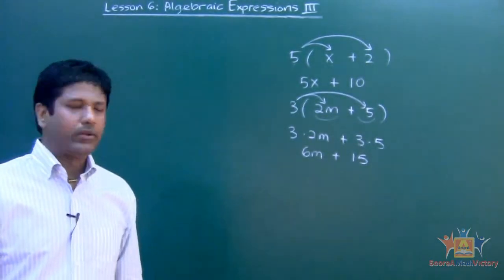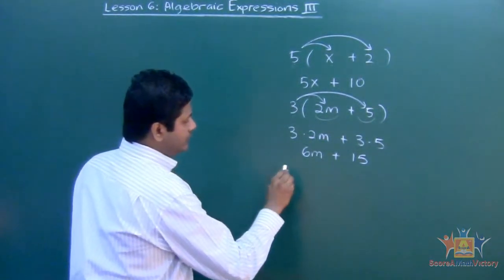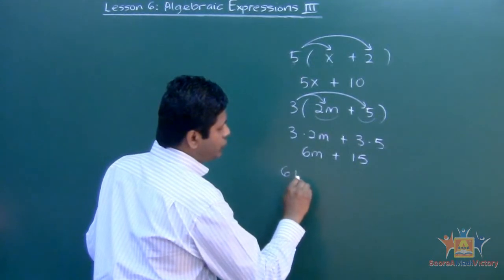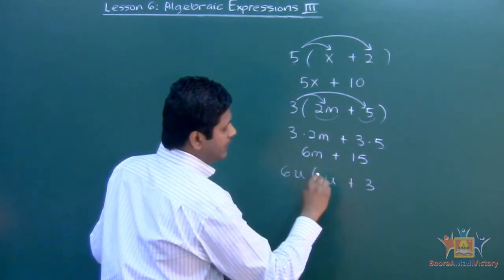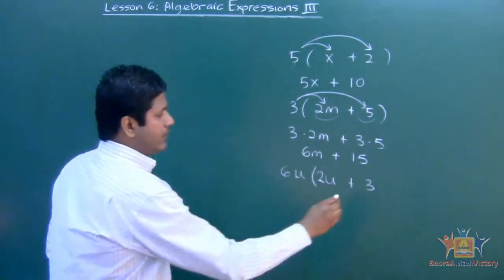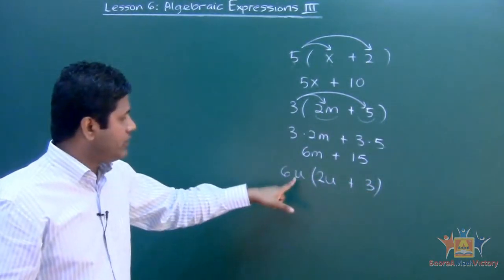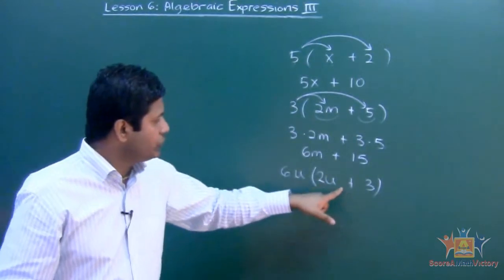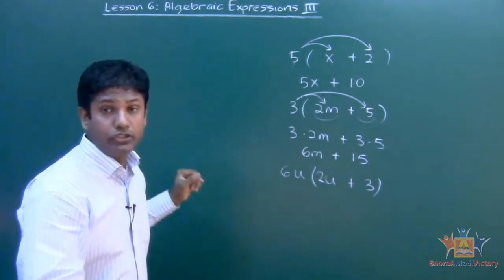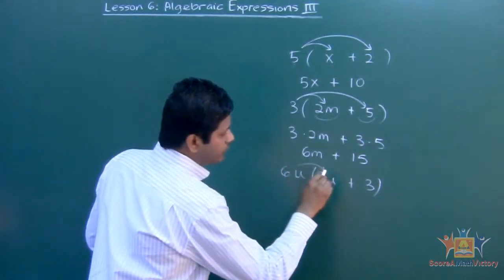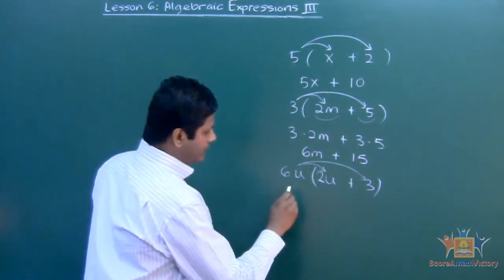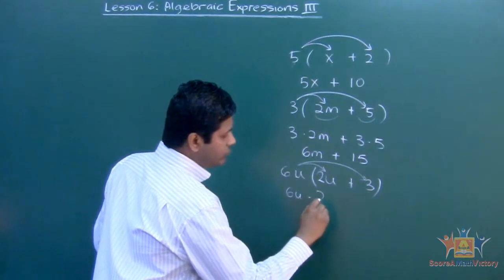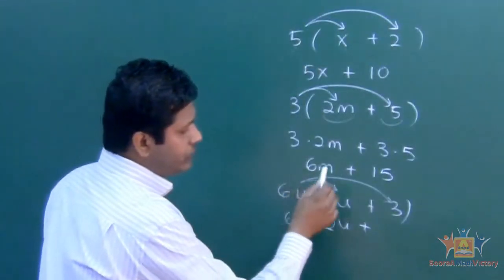See that? Now let's say for example, if I were to give you 6u, and then I got u plus 3, let's say 2u, and close bracket, and I want to distribute 6u into 2u and 3. So we're going to use the shooting star method. The first one gets it and the second one gets it. So we got 6u times 2u, then 6u times 3.